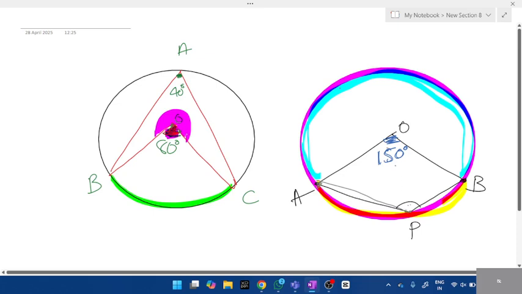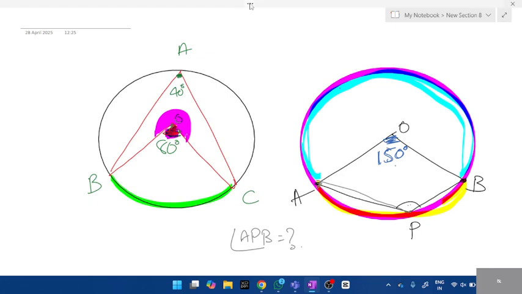How do you find angle APB? Can you tell me the value of APB?